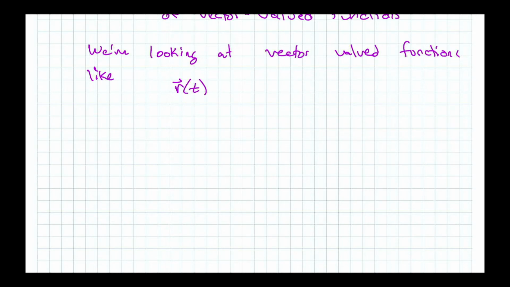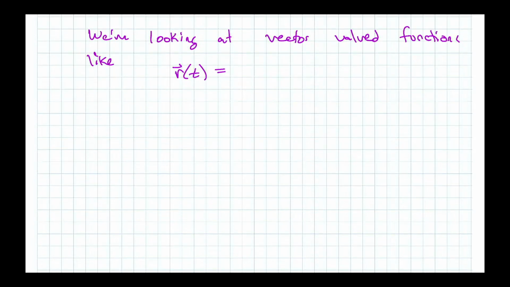They really like calling them r, and we know what they look like, right? It's just a function of a real variable times i, plus another function of a real variable times j, plus a function of a real variable times k, right?